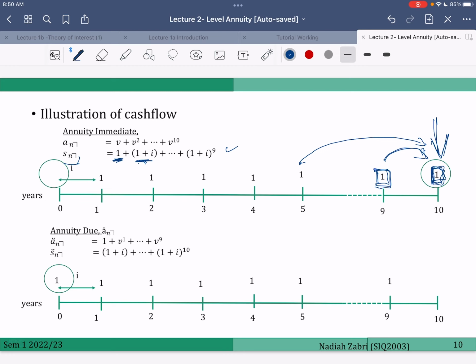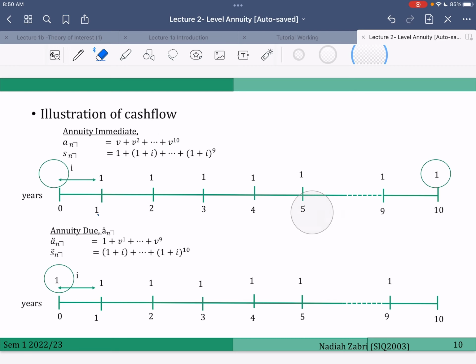So your last term will be this payment, the first payment, which you have to accumulate to time 10. You need to accumulate it by how many years? From 1 to 10, 9 years, right? So that's why the last term will be 1 plus I to the power of 9. I hope you recognize that.